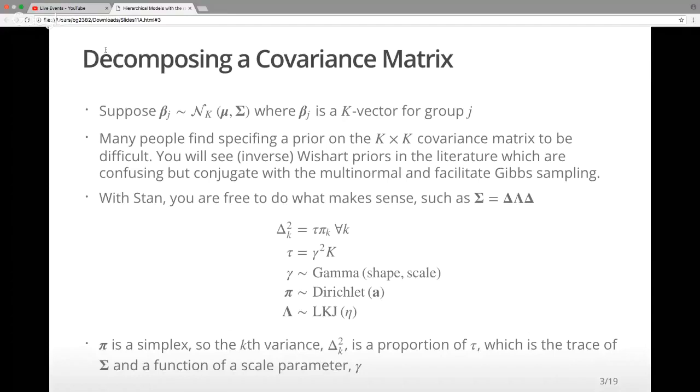And so you can do Gibbs sampling, or you can work out the full conditional distributions analytically. The posterior distribution for sigma would also be in the inverse Wishart family if the prior distribution is in the inverse Wishart family and everything else is normal, etc.